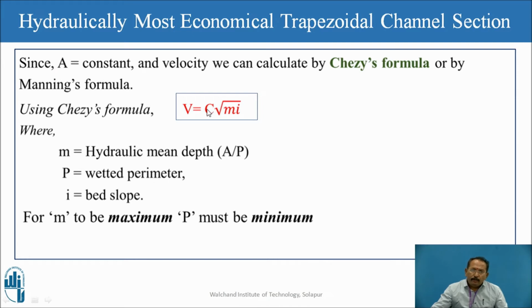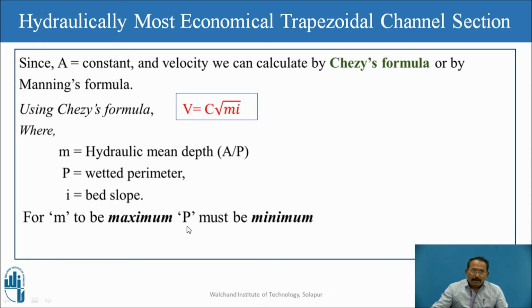So you can use V is equal to C under root RS or V is equal to C under root mi. M is the hydraulic mean depth, which we can calculate by area upon perimeter. P is the wetted perimeter, where the water touches the sloping side. i is the bed slope.